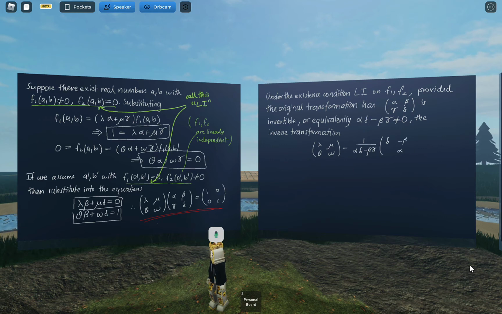So this is just the formula for an inverse of a 2 by 2 matrix. So it exists, that's all I need.